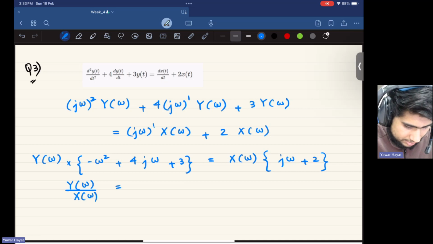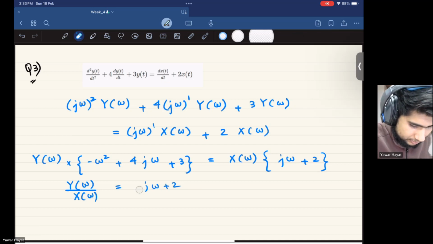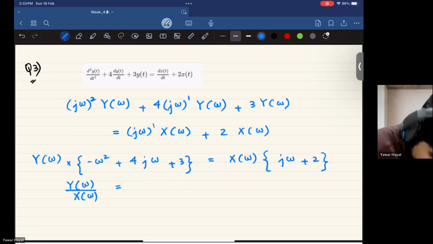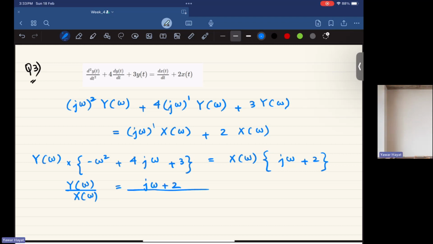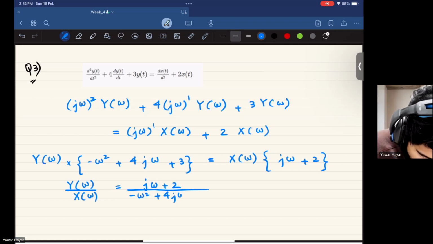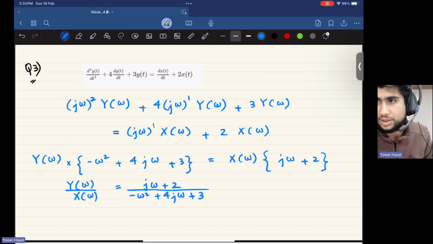That is j omega plus 2, whole divided by minus omega square plus 4 j omega plus 3.